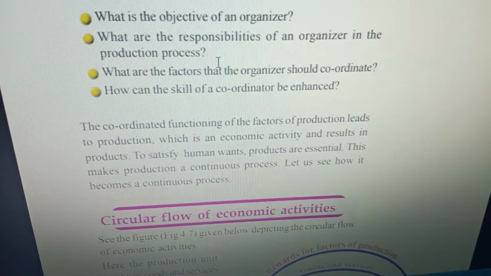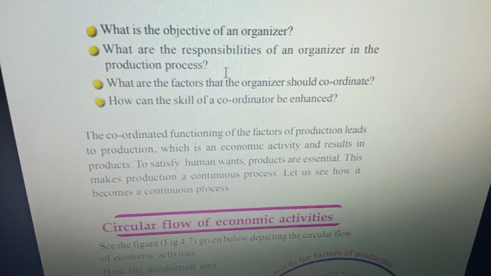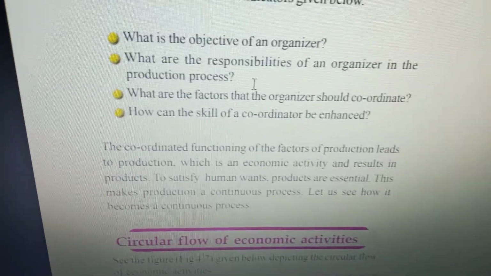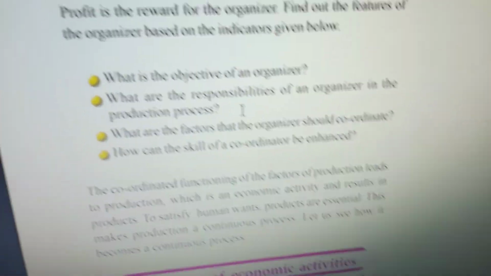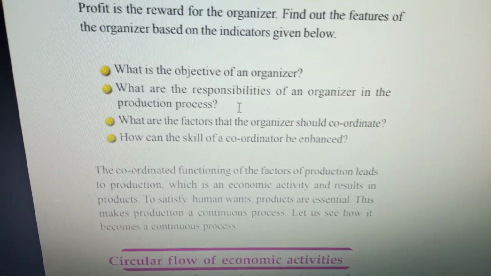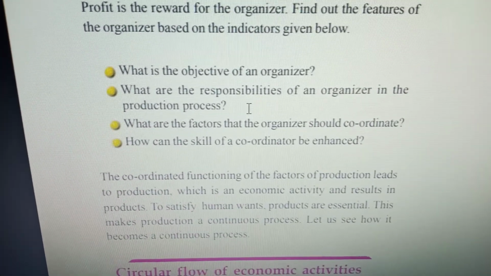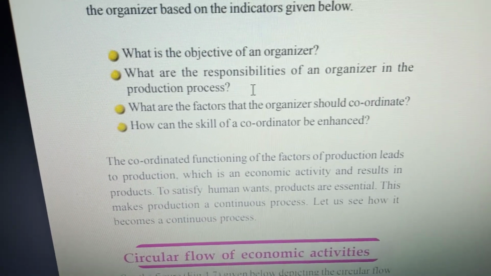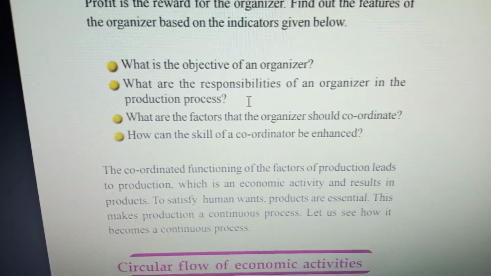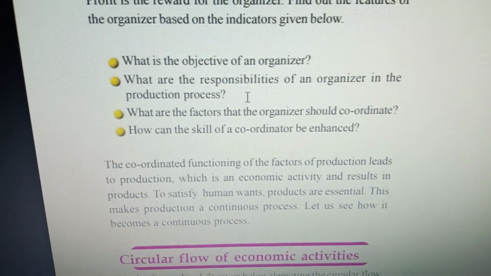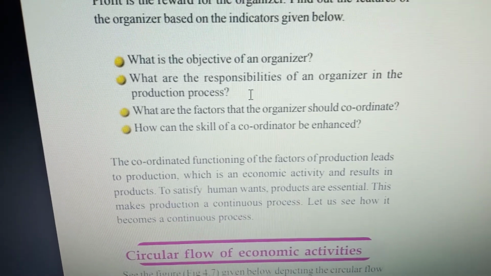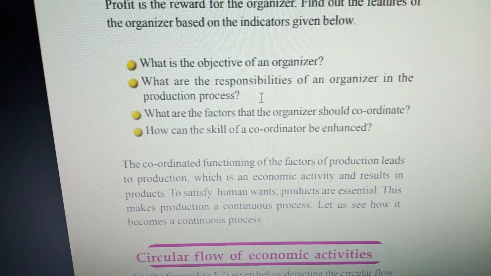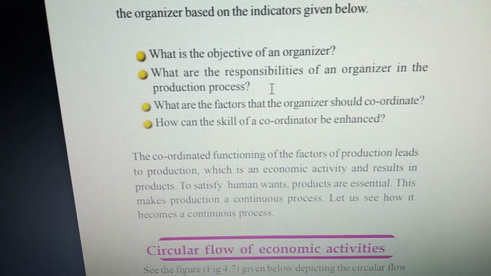First question for that is, what is the objective of an organizer? To find out the factors of production like land, labor and capital. That is the objective of organizer. Second question, what are the responsibilities of an organizer in the production process?